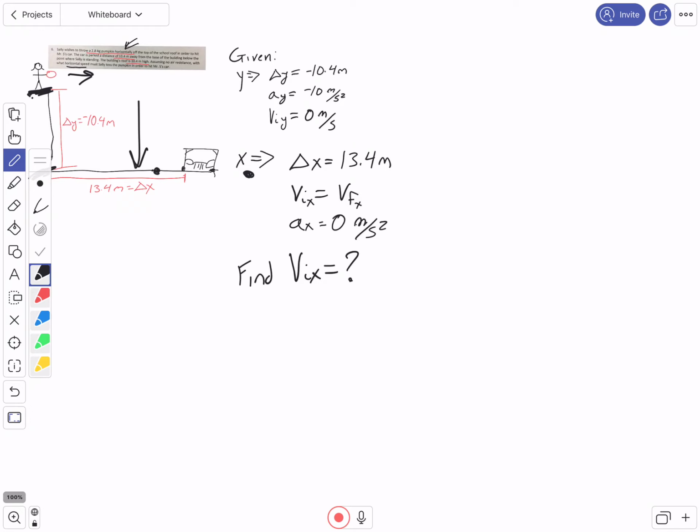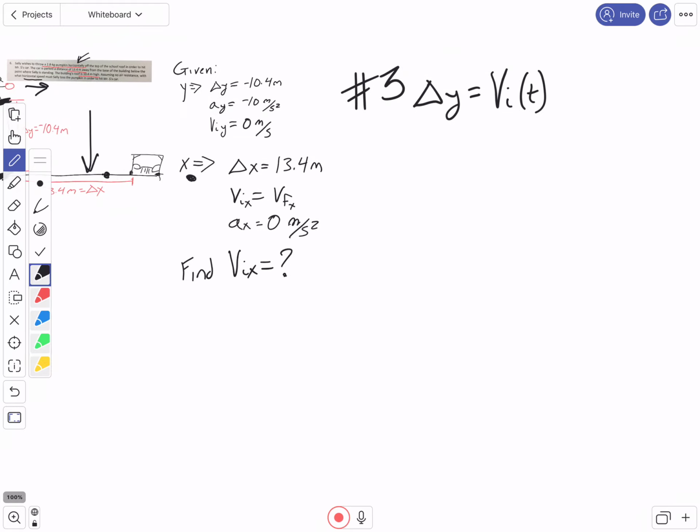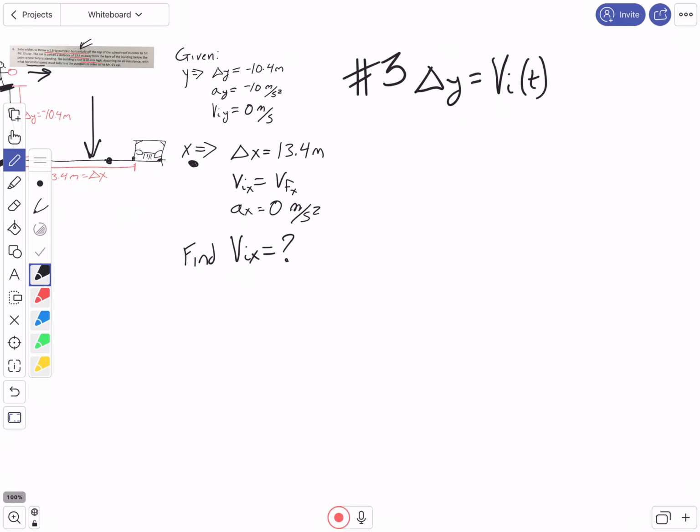So this is going to be our equation number 3, which is delta y is equal to velocity initial times t plus 1/2 acceleration times time squared. All right, and so we know our delta y is negative 10.4 meters.